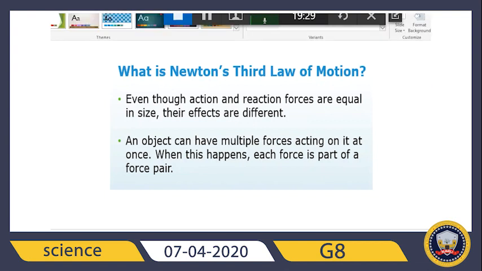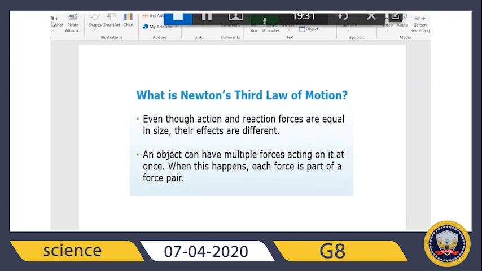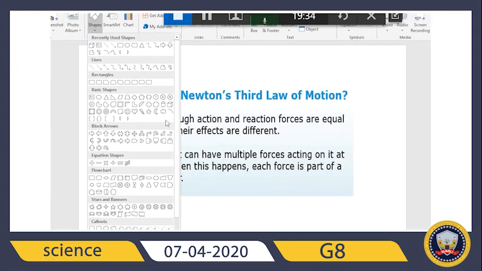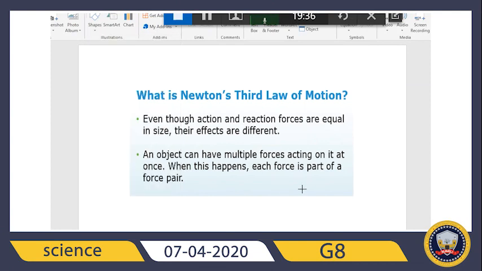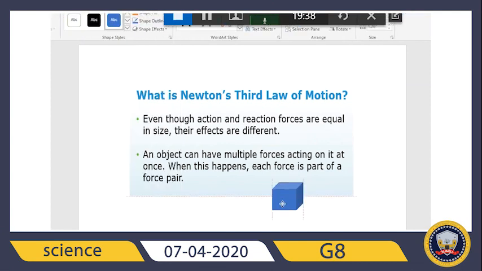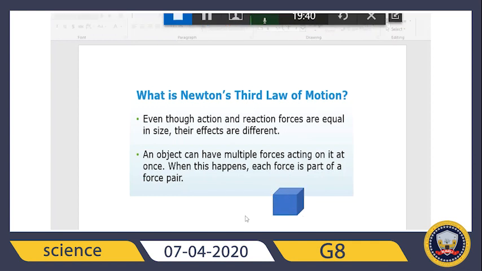So for example, if we have this object guys, multiple forces, as we said, can act on it.